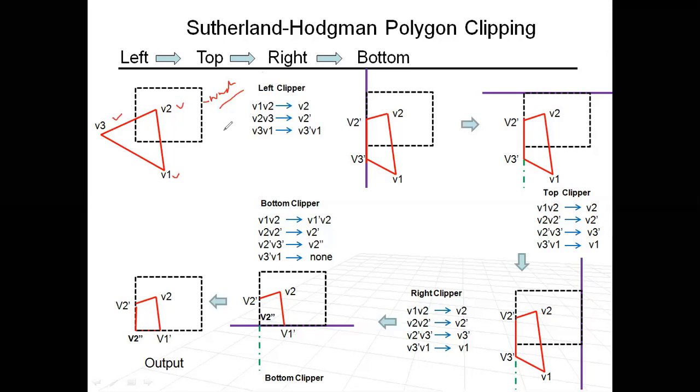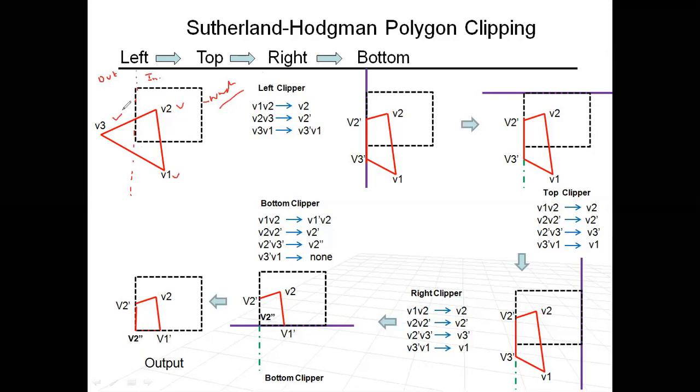Now when we apply the left clipping, we will draw an imaginary line from here to here. Whatever is on the left-hand side is out and what is on the right-hand side is in. That is the rule we have to follow.